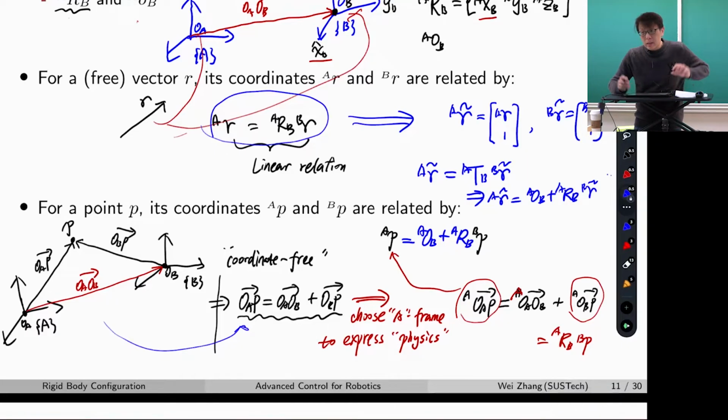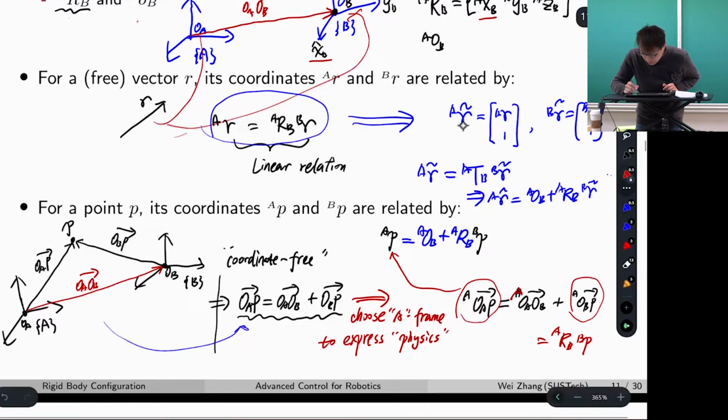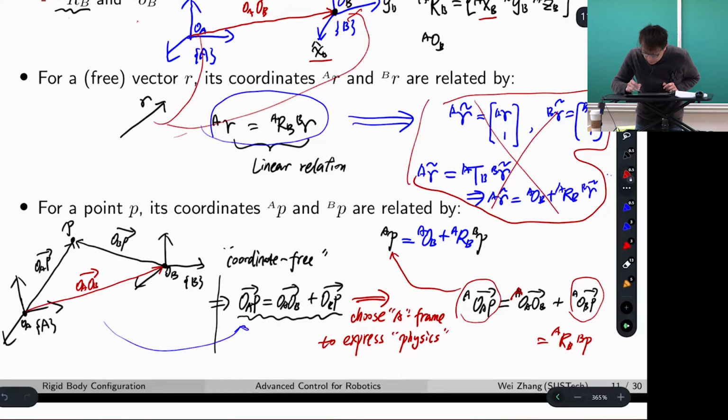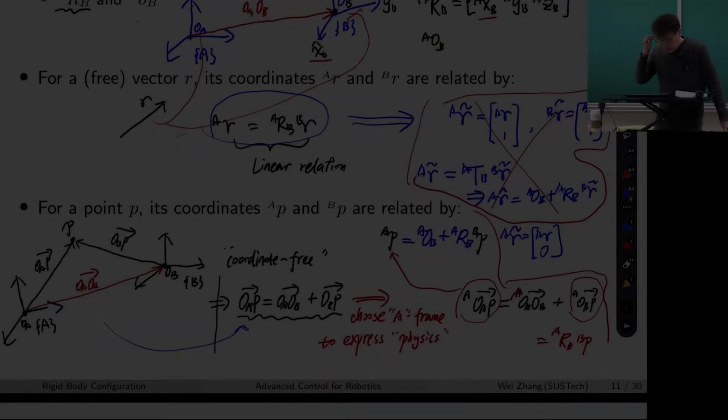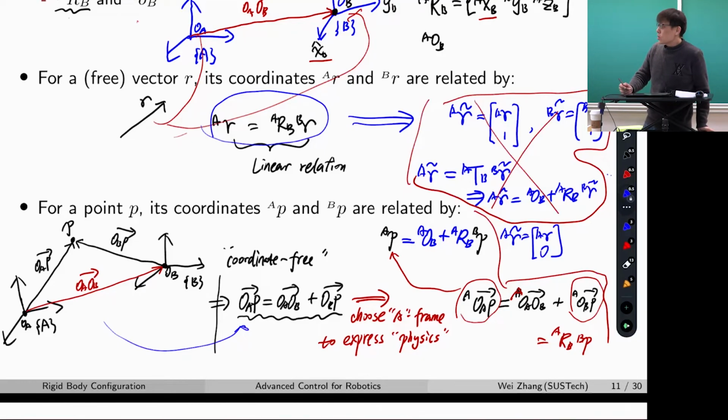Because there's a one here, the origin effect kicks in. So this is incorrect. By definition, the last entry for a free vector should be 0.